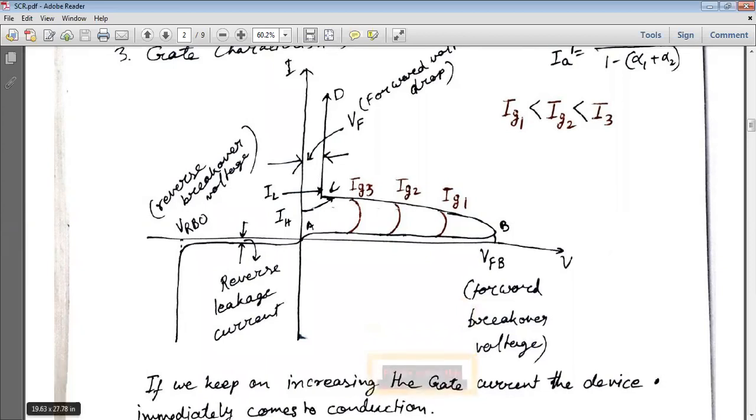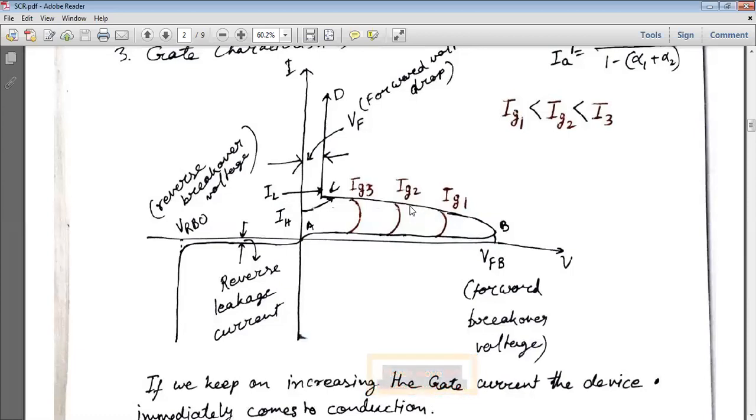In these characteristics we can see there are different stages from 0 to point B, that is from A to B. This is the forward blocking state, up to the forward breakover voltage VFB.